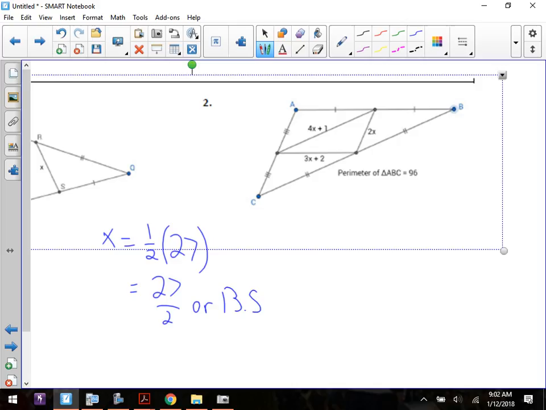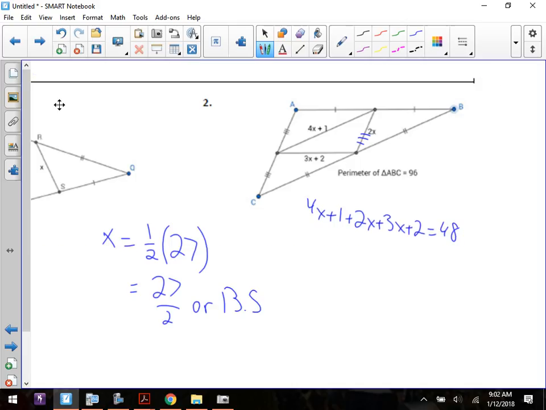Each segment, this is 3 segments, this is just a single one of it, and so on. So what's half of 96? 48. So you add them all up: 4x, 2x, 3x, that's 9x.